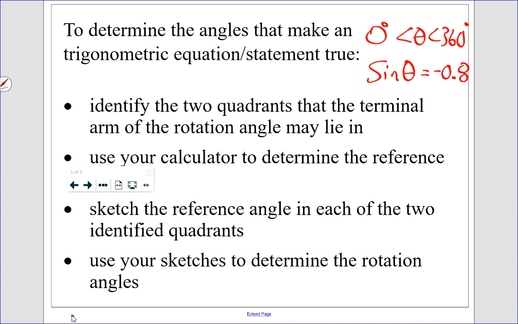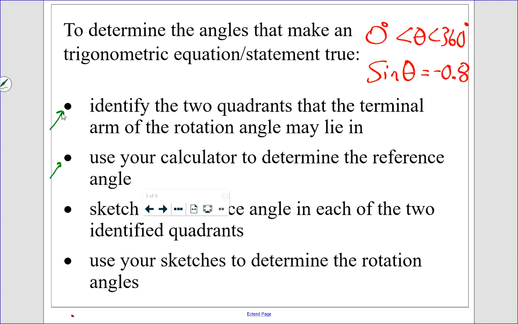So the first thing you do, well, these two items here, you don't have to do one before the other. You just need to get them both done so you can answer the question. So one of the things you need to do is identify the quadrants in which the rotation angle can exist.